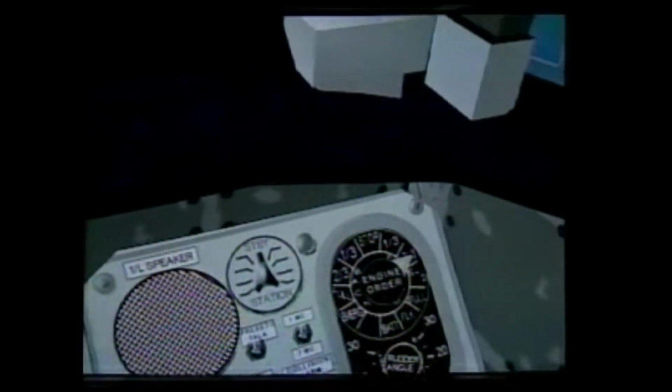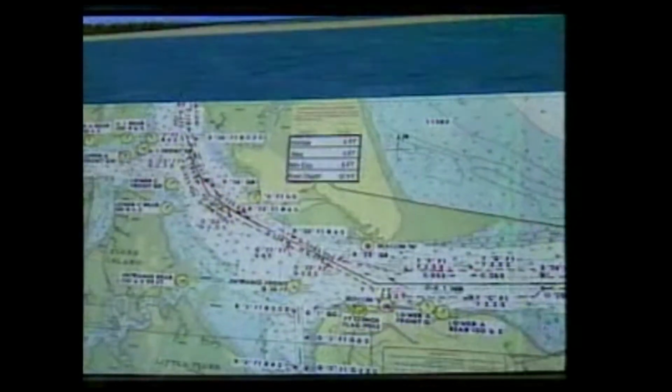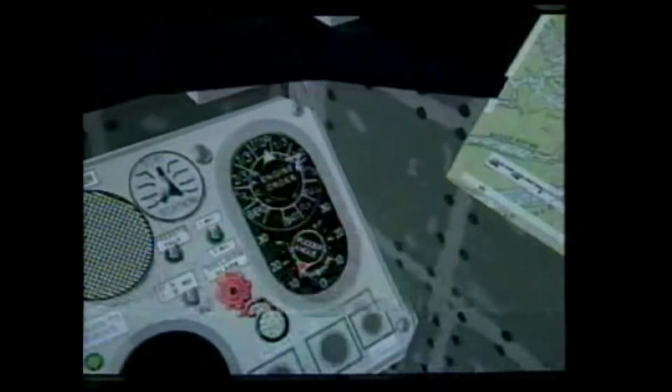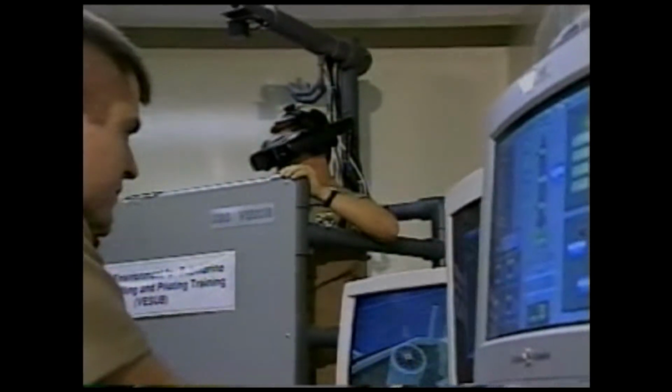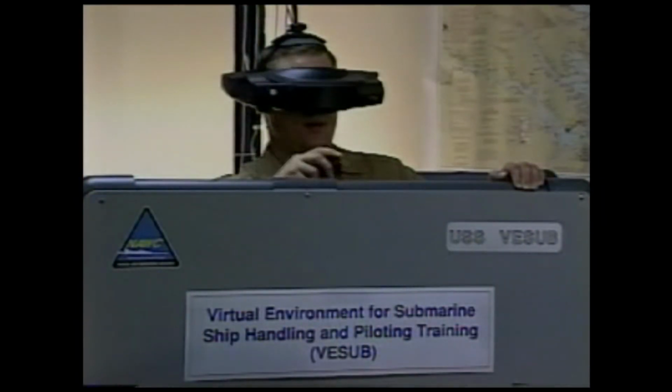We used what's called a speaker-independent voice recognition system. When the trainee wished to ask a question of the navigator, a simulated navigator would come on and give him the answer to his position or the distance to a turn or any other normal question that he would ask of a live navigator. Trainee can do everything that he could do in a Trident submarine, but he could do it safely.